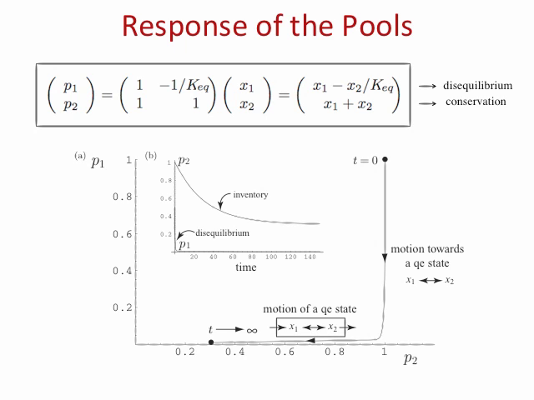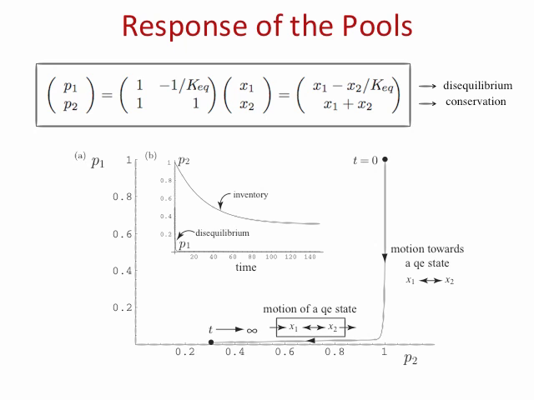In this figure, I plot the phase plane of P2 versus P1, and then I have a little inset there with the transient responses of the two pools. In the beginning, x1 is 1 and x2 is 0, so I will start the simulation here at 1, 1.